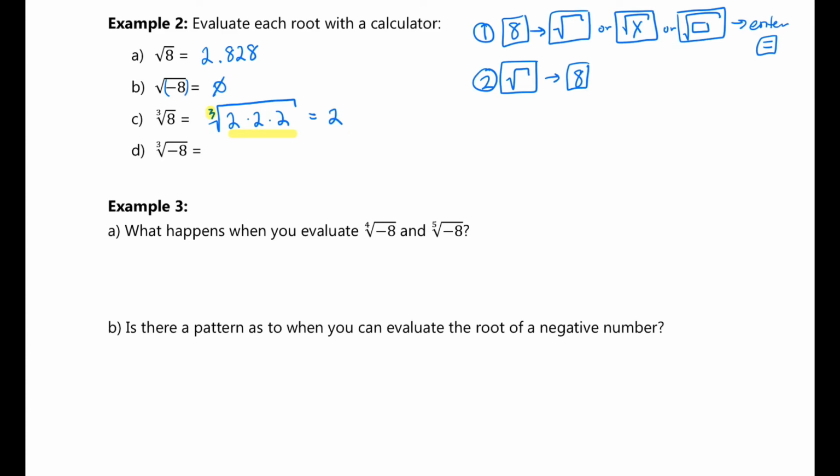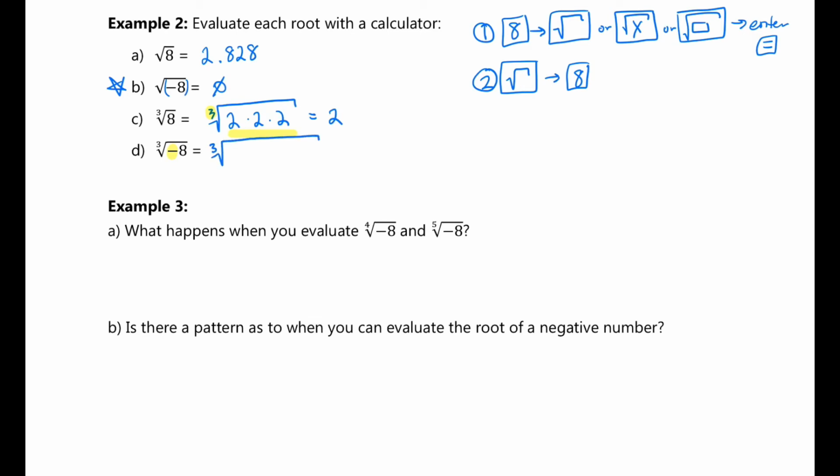All right, now you see the negative here for part D. The cube root of a negative number is a little bit tricky. Before, in part B, I said you can't take a square root of a negative number. For part D, I'm going to show you mathematically why this is possible.